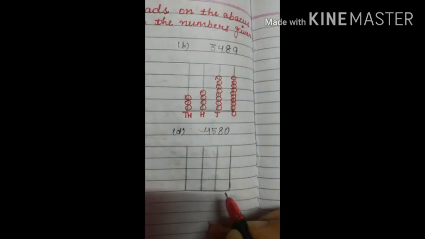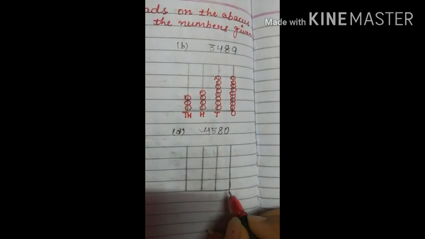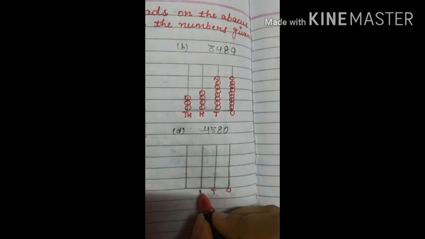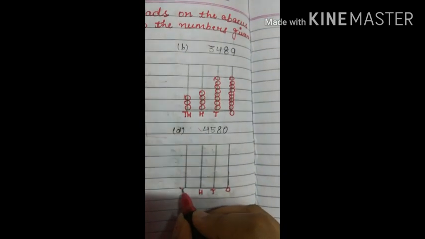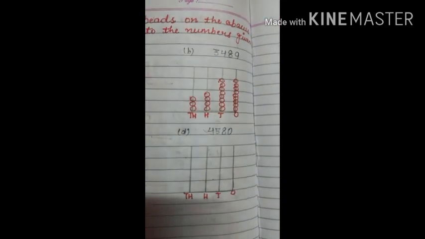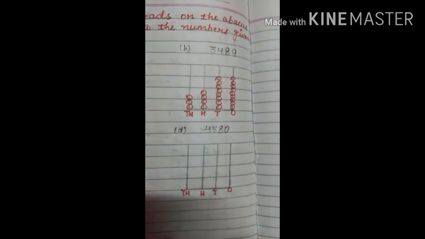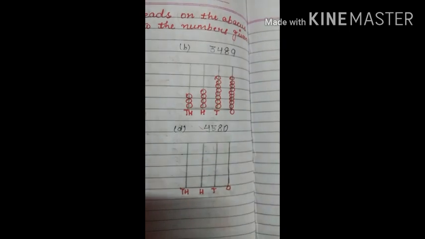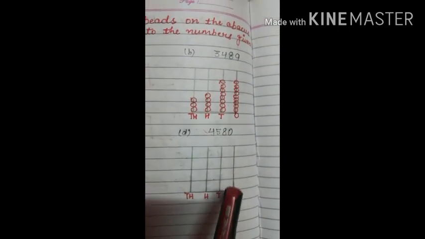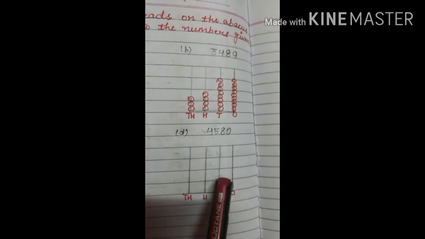So again we will write down the places: ones, tens, hundreds, thousands, like we were writing in every part. Now we will start representing our numbers on the abacus by drawing beads.